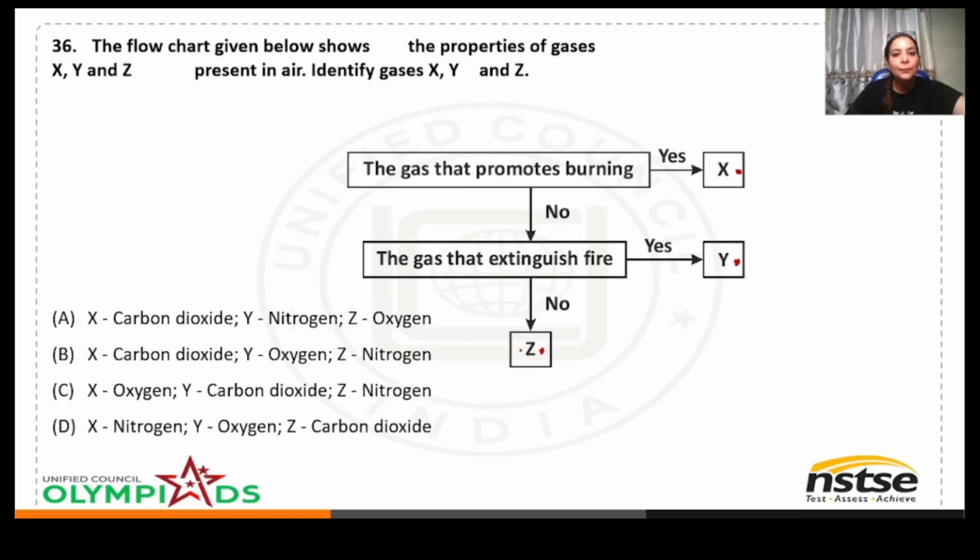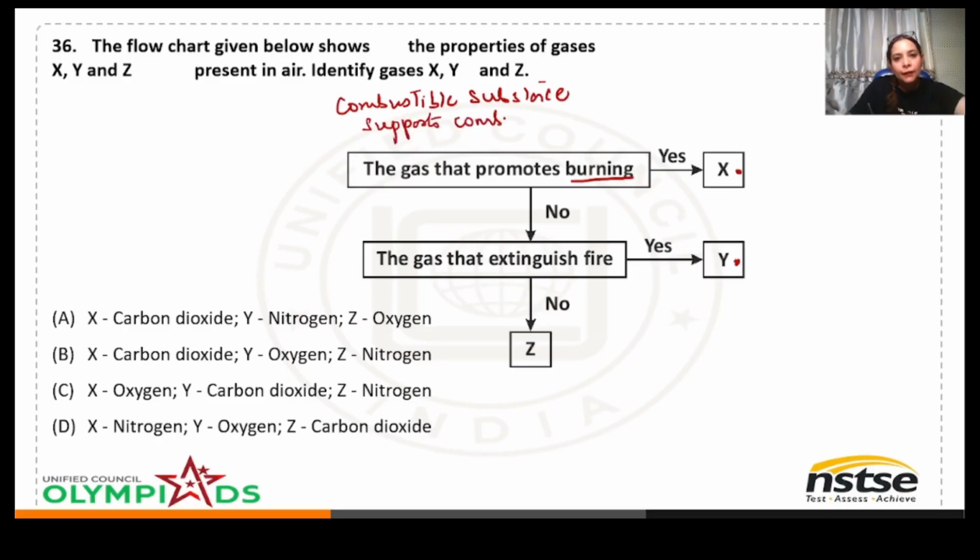Now let me tell you, burning means combustion. The process of burning something is combustion. And for combustion we need three things. We need a combustible substance, that is a substance which catches fire. We need a supporter of combustion, that is a gas which supports combustion.